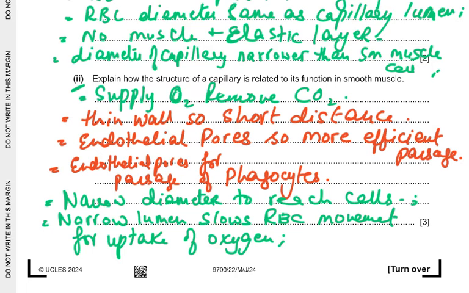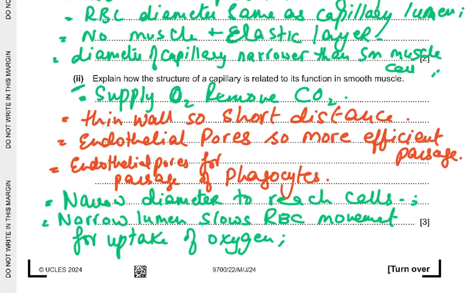Thin walls, so short distance; they're not far away from the cells which they are providing, the smooth muscle cell. Endothelial pores, so more efficient passage. Endothelial pores for passage of phagocytes, when phagocytes move out of capillaries when there is a site of infection. Narrow diameter, so is able to reach the cells.